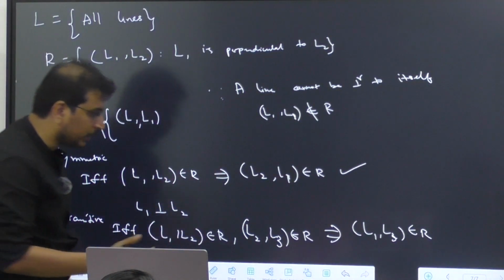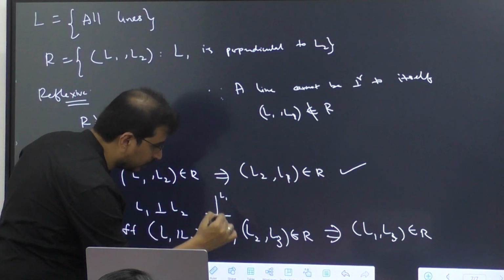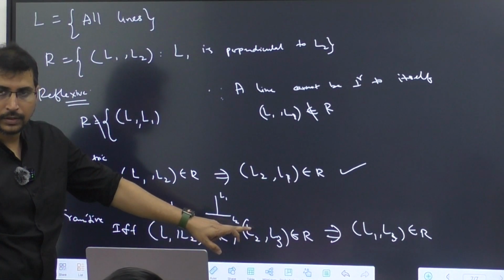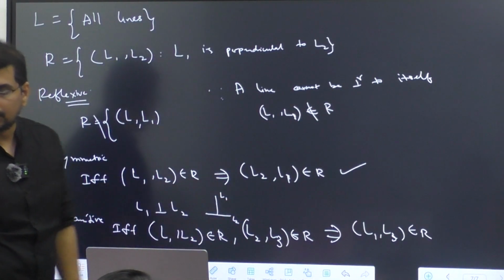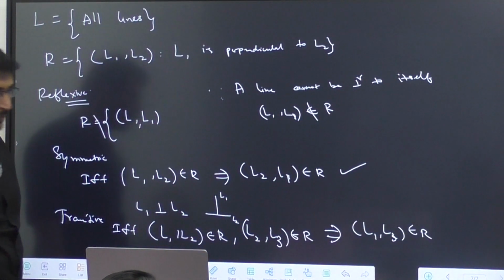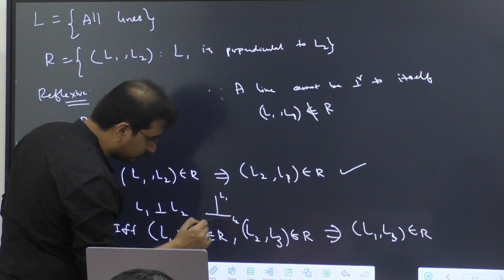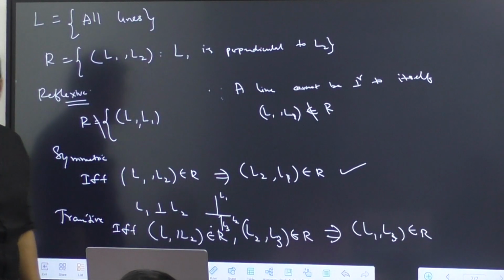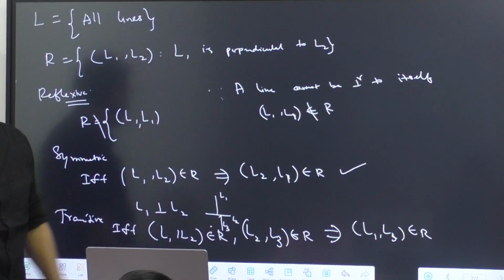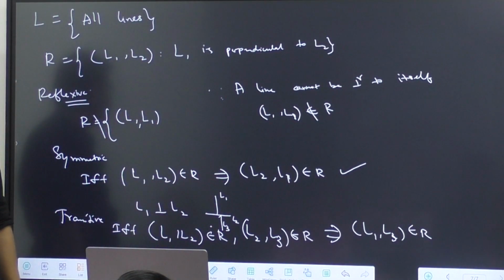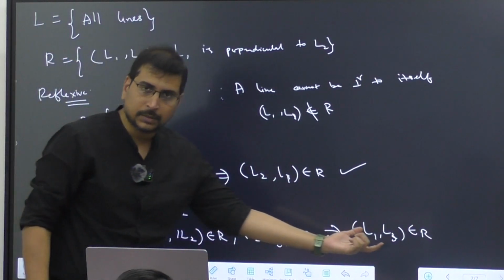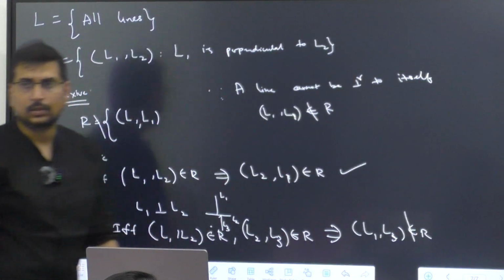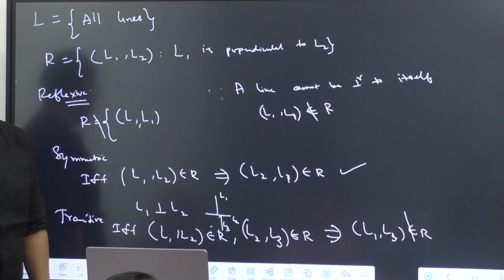L1 is perpendicular to L2. L2 is perpendicular to L3. Then how are L1 and L3? Can I say L1 comma L3 are perpendicular to each other? They do not belong to the set.